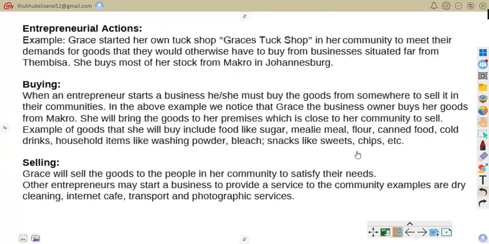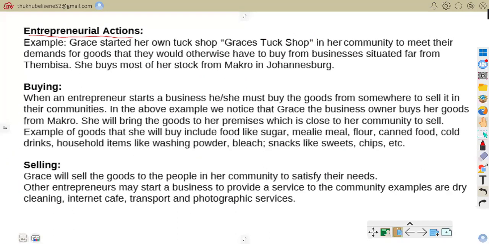Now we come to entrepreneurial actions. For entrepreneurial actions, we are given one example. Grace started her own tuck shop, called Grace Tuck Shop, in her community to meet their demands for goods that they would otherwise have to buy from businesses situated far from Tembisa.